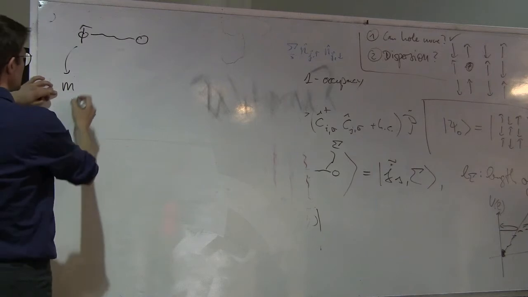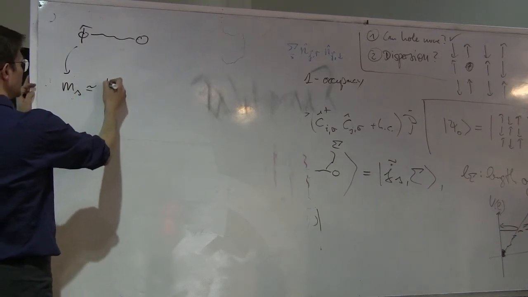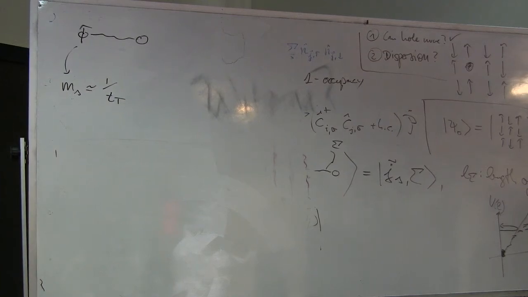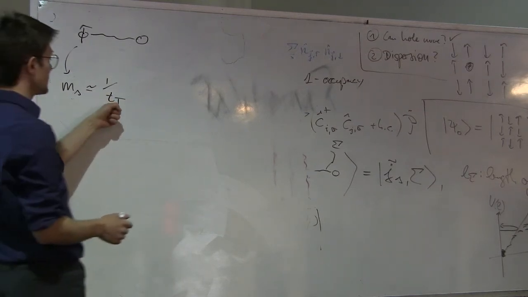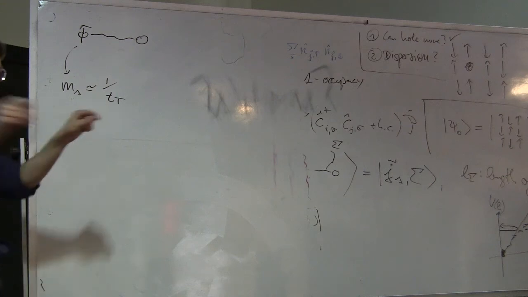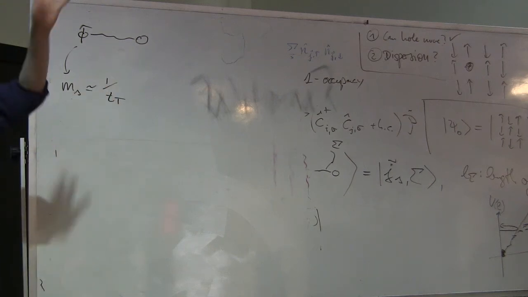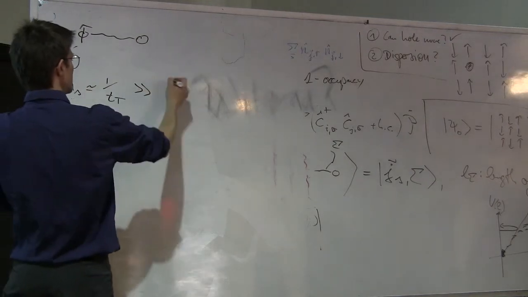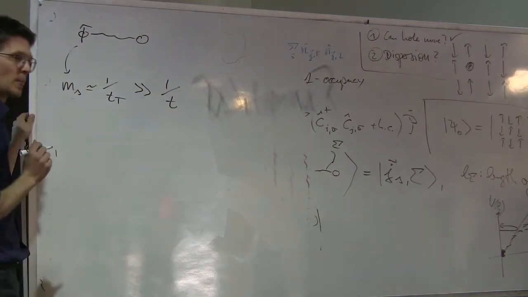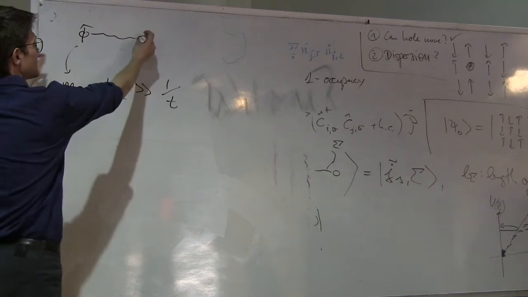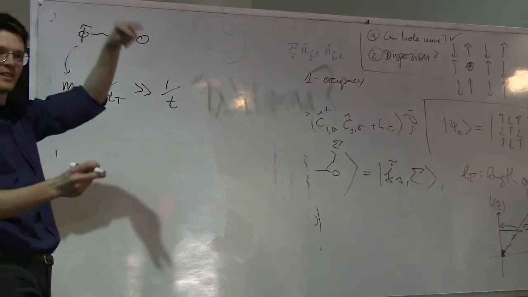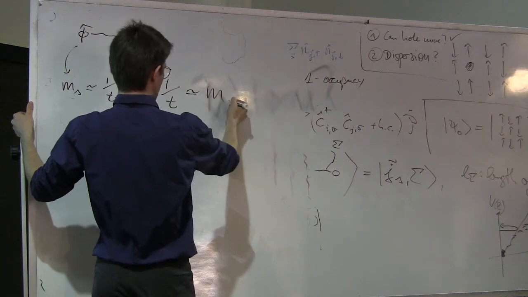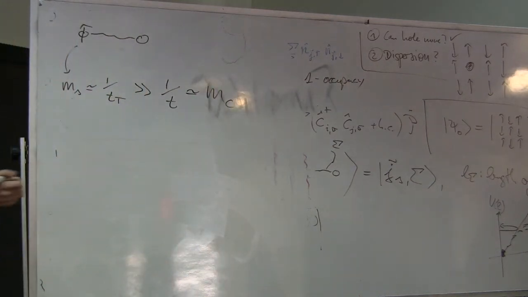The mass of this spinon should be given by 1 over the t_Trugman, that's always the relation between tunnelings and masses. Now we know that t_Trugman, because it's only these few loops out of exponentially many states, is much smaller than t, so this is much larger than 1 over t. But of course, t is how fast this chargon moves around on the string lattice, so this is basically going to be scaling the mass of the chargon.